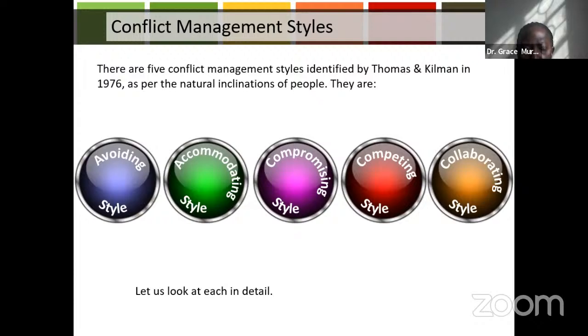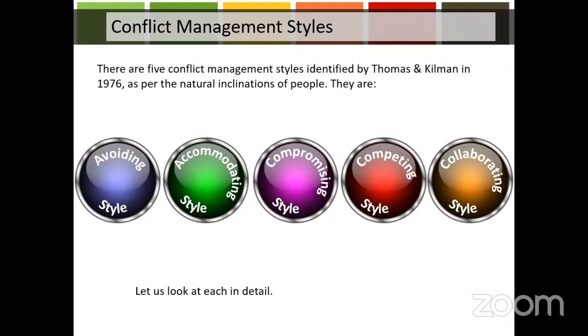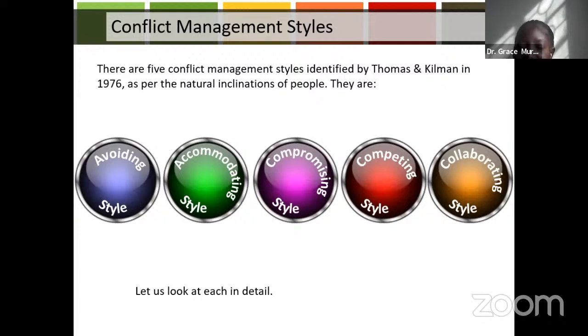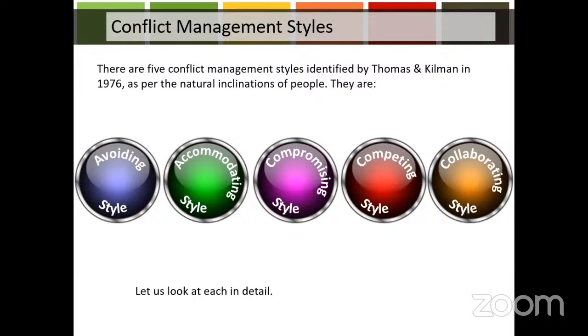Yeah. Anyone else who wants to try on avoiding? Yeah, Grace. When you're dealing with a conflict where the two parties' temperatures are so high, maybe you try to avoid and give room for the temperatures to come down so that you can have a meaningful engagement.